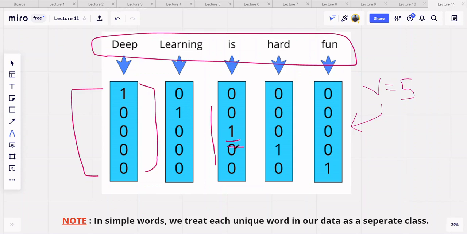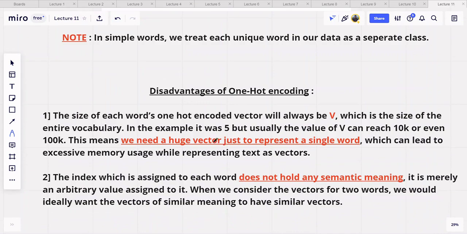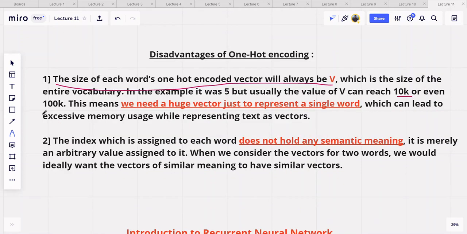Let me repeat this again. One disadvantage of one hot encoding is that the size of each word's one hot encoded vector is always equal to V, which is the size of the entire vocabulary. In the example it was just 5. But usually the value of V can reach 10k, or even 100k.